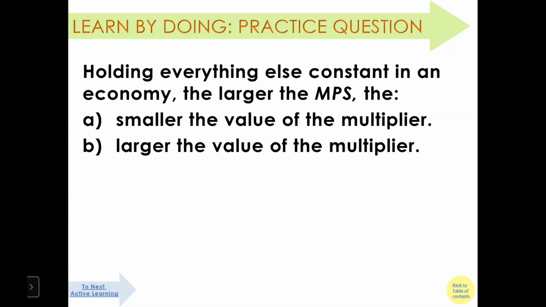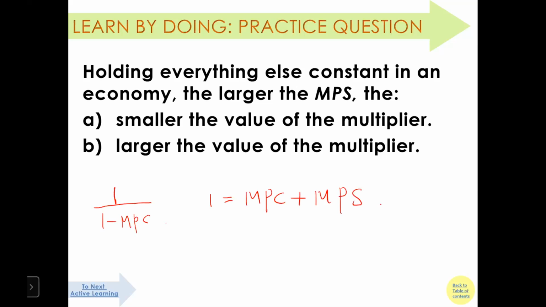Now let's look at a practice question. Holding everything else constant in the economy, the larger the MPC, how would that affect the multiplier? To answer that, we need to write down two equations. One is the multiplier, 1/(1 minus MPC). Another equation is 1 equals MPC plus MPS.